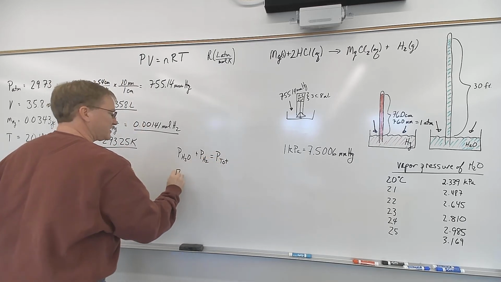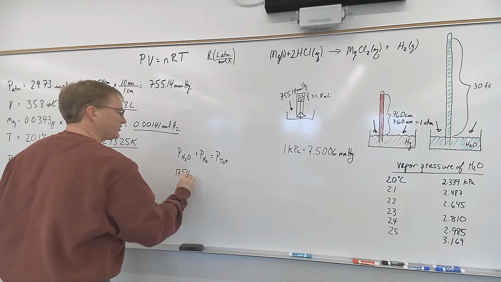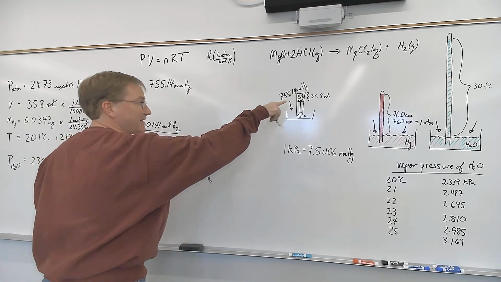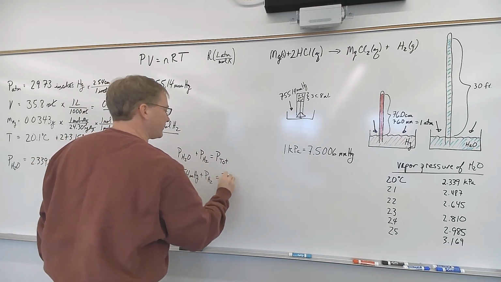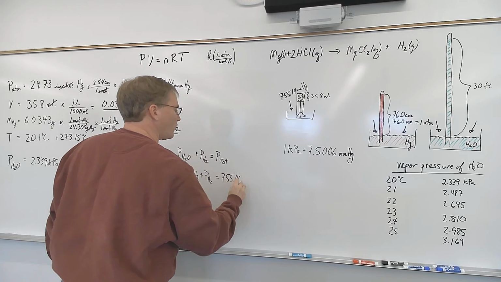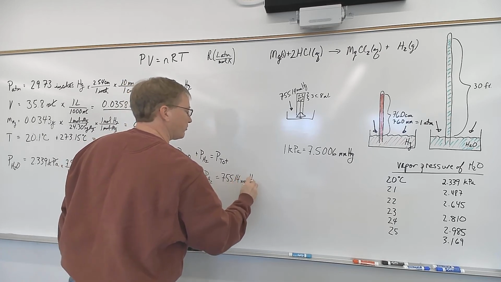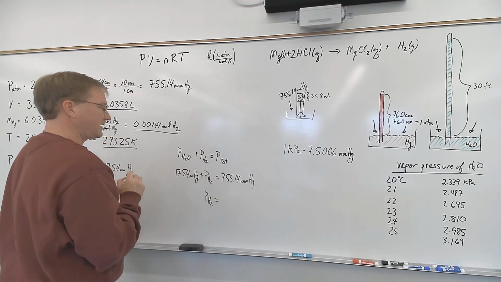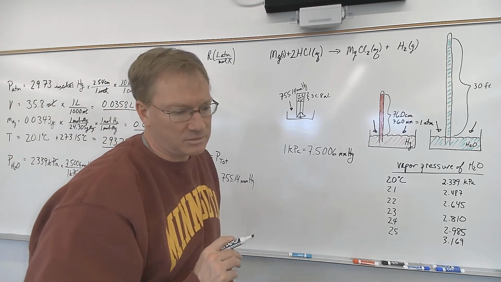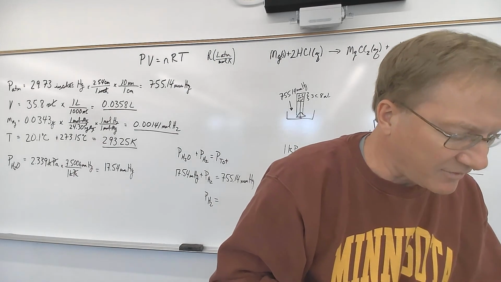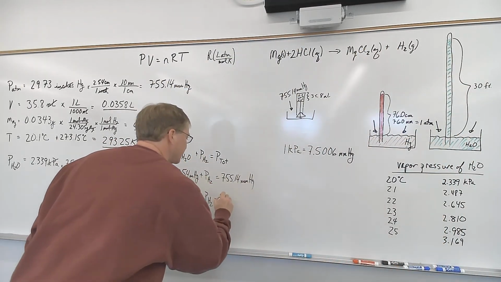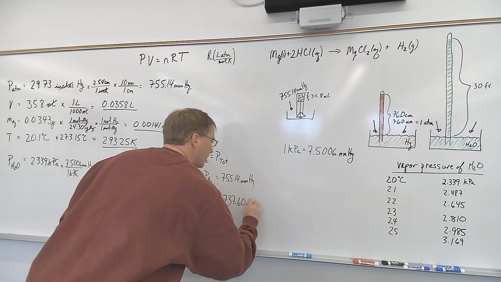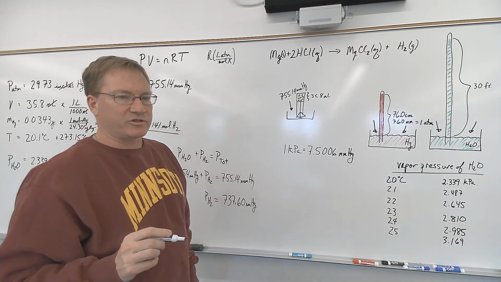And so 17.54 millimeters of mercury plus the pressure of the hydrogen gas that's in that tube has to equal 755.14 millimeters of mercury. So that means that the pressure of the hydrogen gas is equal to 737.60 millimeters of mercury for that hydrogen gas.